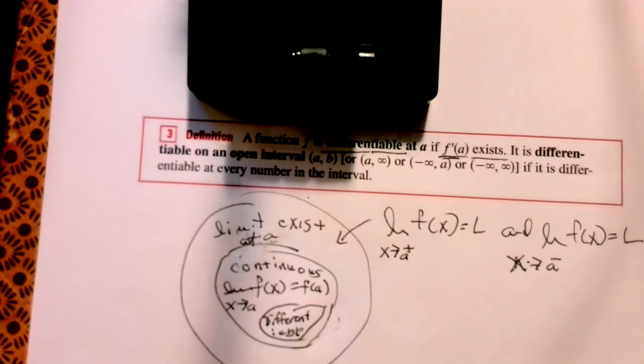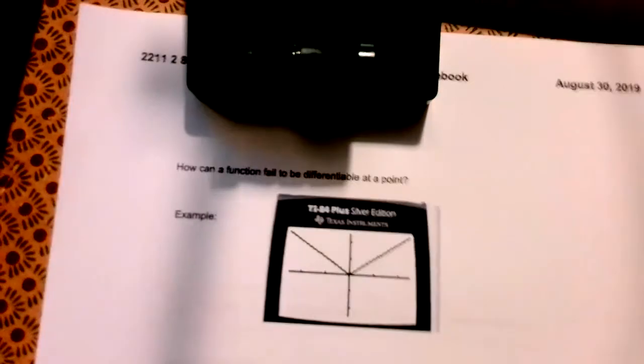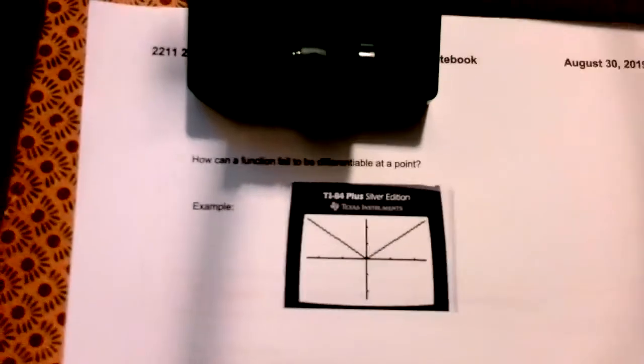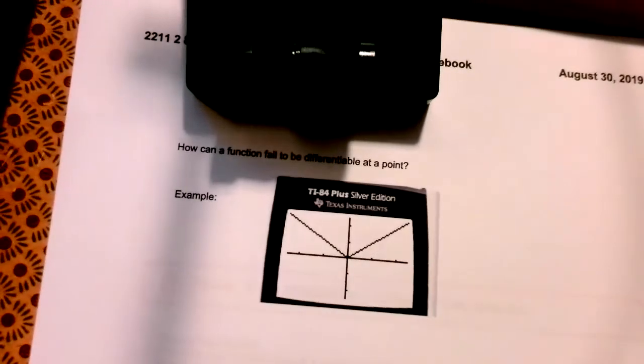Okay, so the next thing I want to talk about is how can a function fail to be differentiable? So what would make a function not be differentiable? Well, what would make it not be differentiable is if that limit, that's the definition of the derivative, doesn't exist. I mean, that's really what it would be.